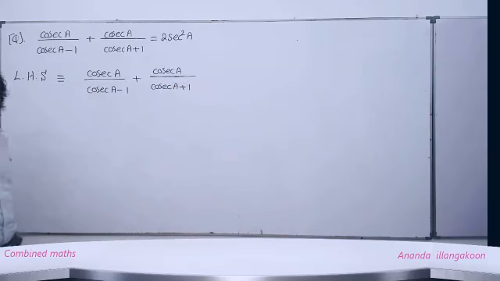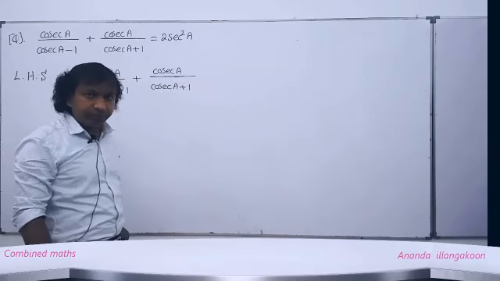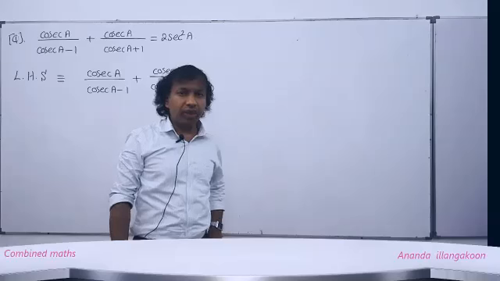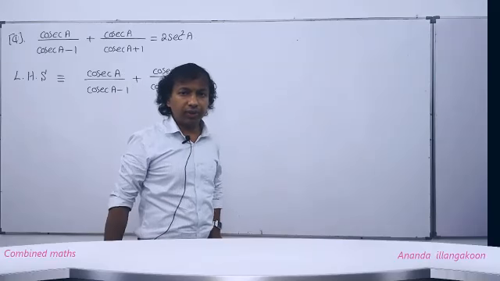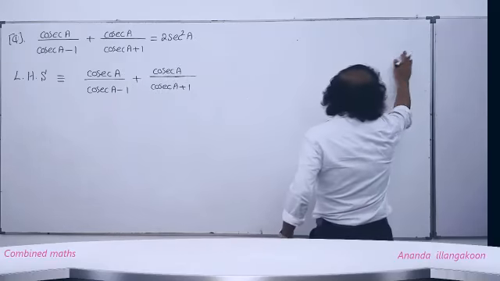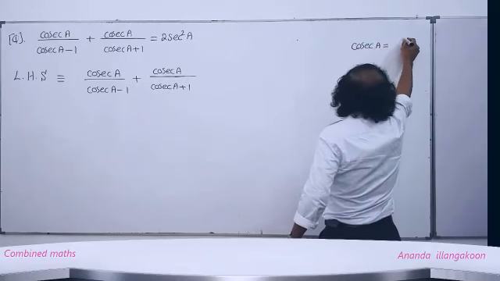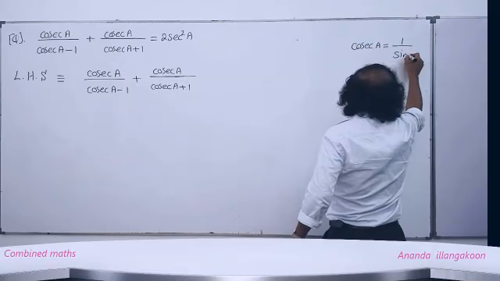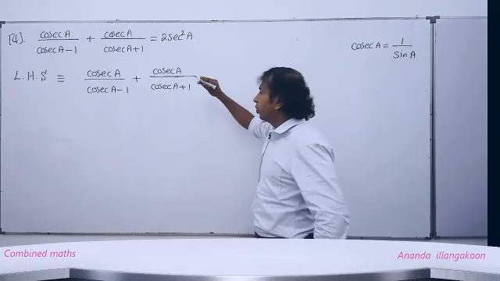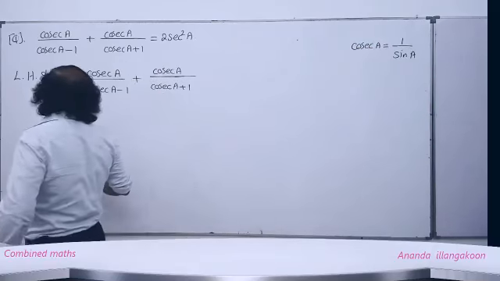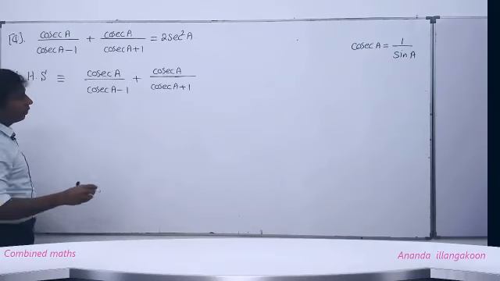You know cosec A means 1 upon sin A. Then the cosec terms we write as 1 upon sin A, like this.